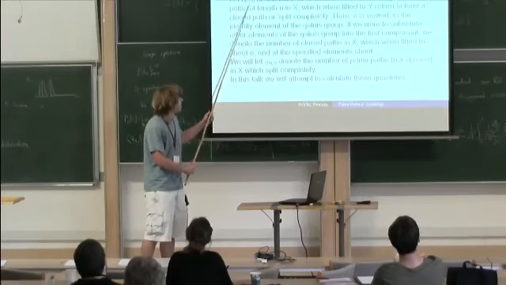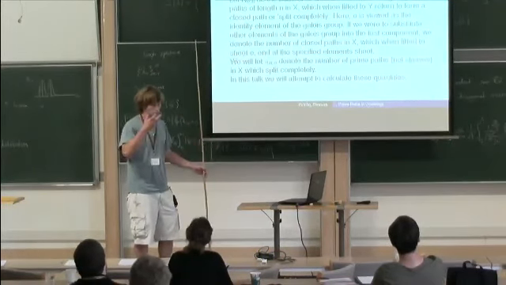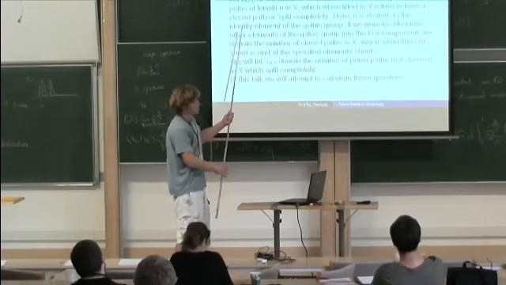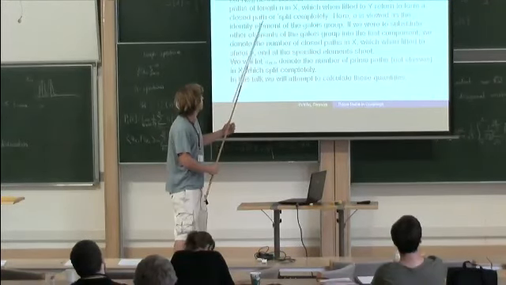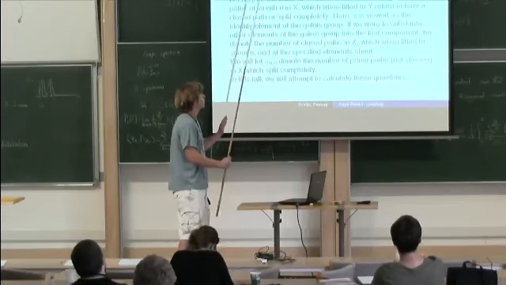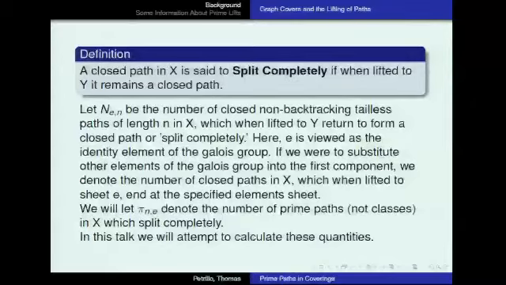Here e is an element of your Galois group for the covering, where e is the identity element. It's the number of closed non-backtracking tailless paths of length n in X which, when lifted to Y, return to form a closed path, or split completely. What do I mean by return? They are actually closed.